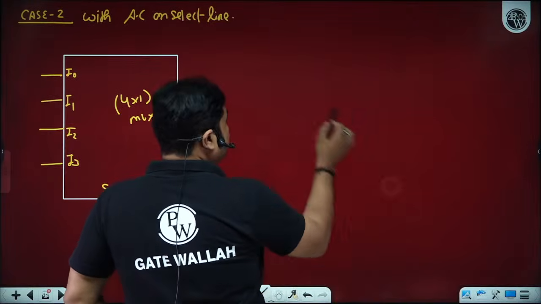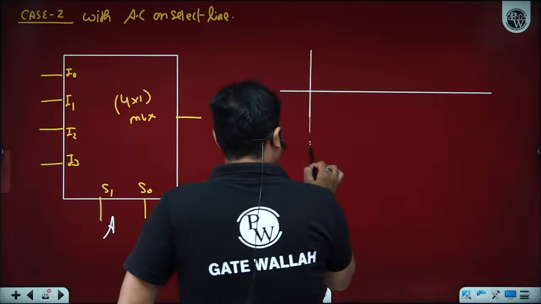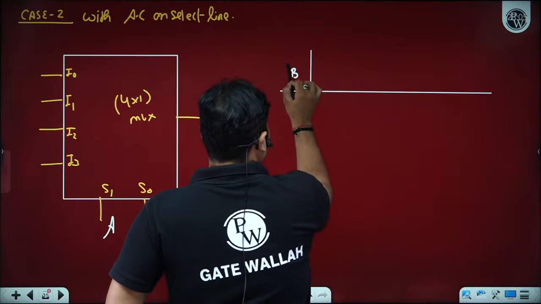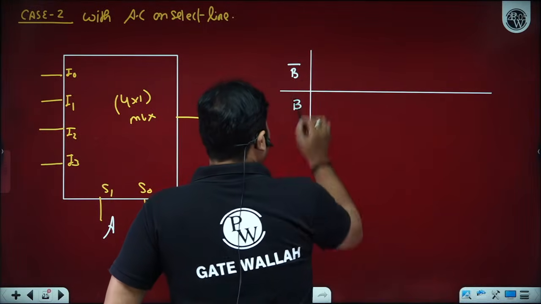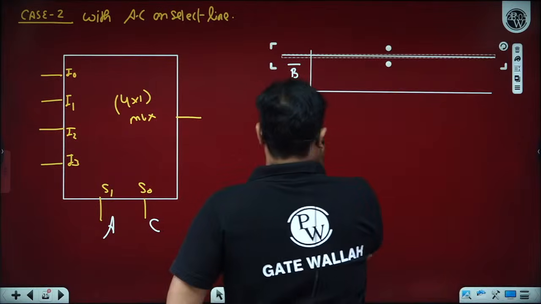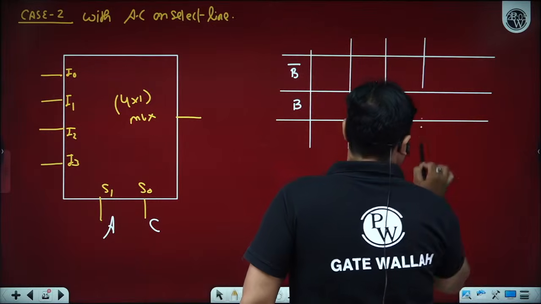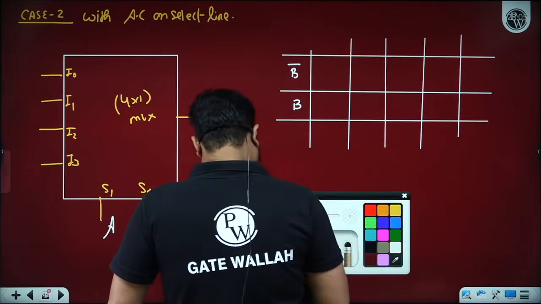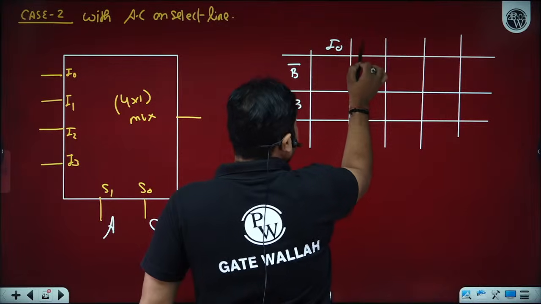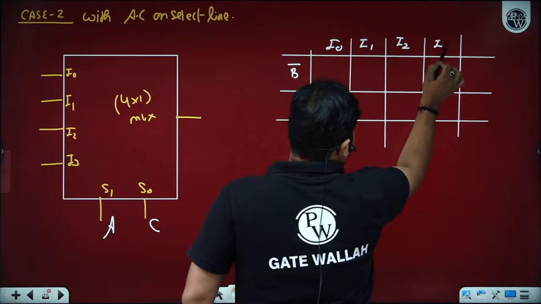So, list the input of mux in two different rows. Now, inspect each column separately: I0, I1, I2, I3.